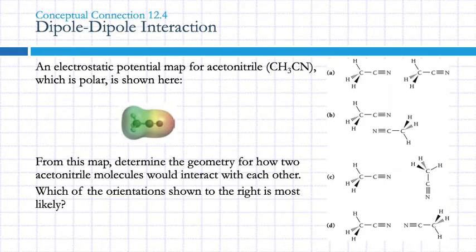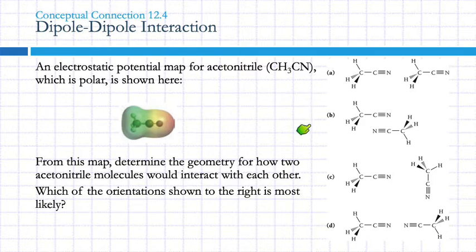So here they're showing us an electrostatic potential map for acetonitrile, CH3CN. It's polar. And so we see here this nitrogen end is negative and this carbon-hydrogen end is positive. And it's asking us, from this map, determine how two of these molecules would interact with each other.